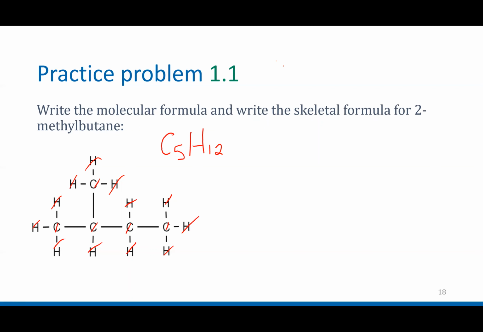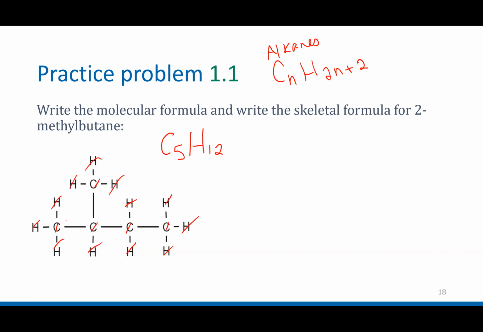So guys, if you were curious, the formula for alkanes, not alkenes, is CnH2n+2. So if I had 10 carbons, it would be 20 plus 2, so 22 hydrogens. You do not need to memorize that, because the purpose of this course is that we're going to be drawing skeletal structures.